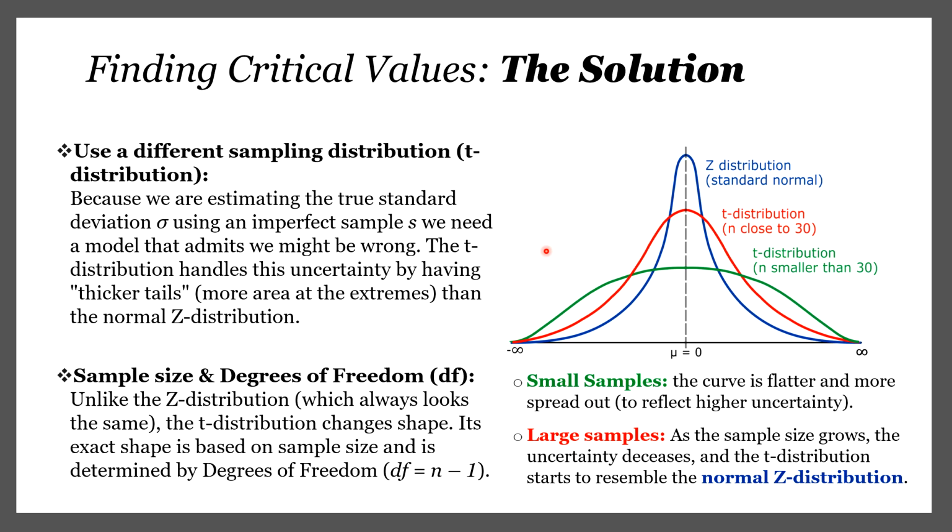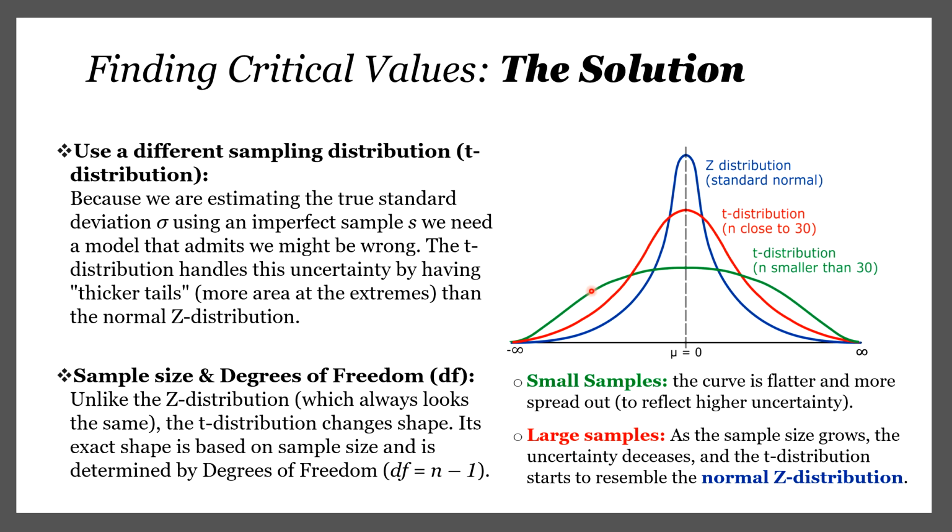If you have a large sample size, the shape of the t distribution begins to resemble the shape of the z distribution. However, if you have smaller sample sizes, the t distribution becomes flatter and more spread out. And when the distribution becomes flatter and more spread out, the critical values are pushed further away from the mean.